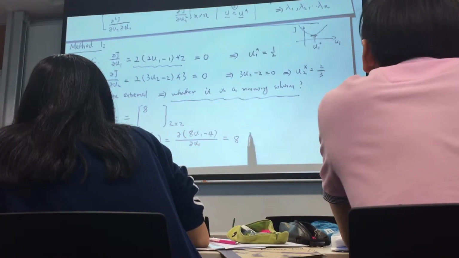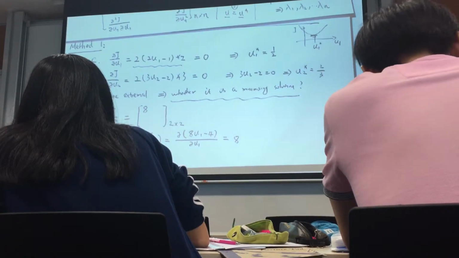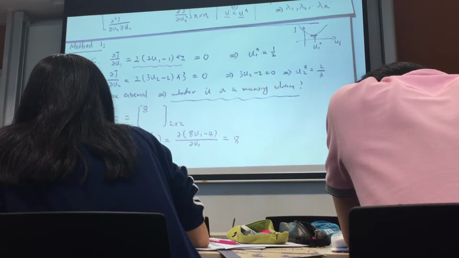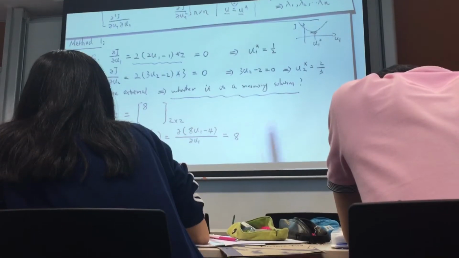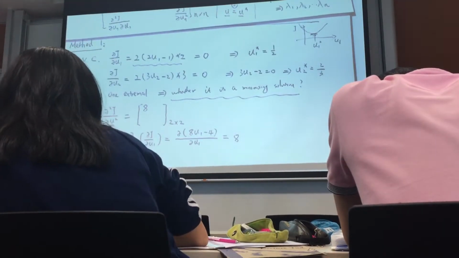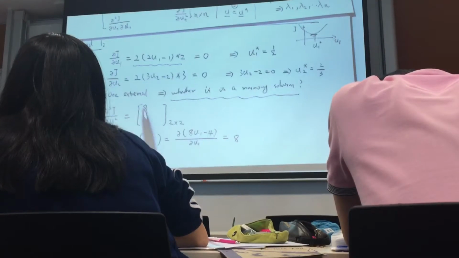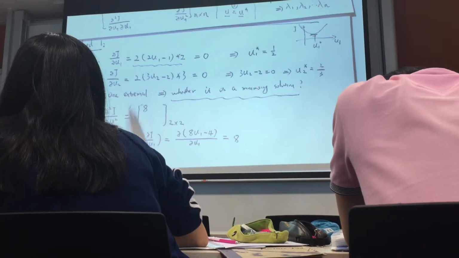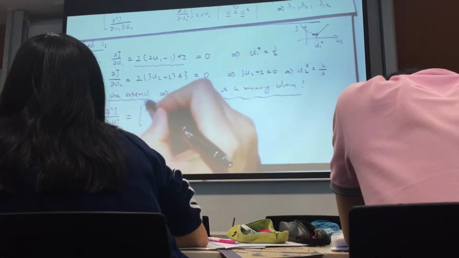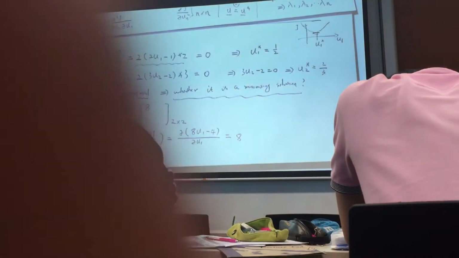But in the general case, this one will be a function, so it's not a constant. If this is a function, then you need to evaluate the value of this function at the extreme point. Here it seems that we are not using the extreme point, because this one already became a constant.